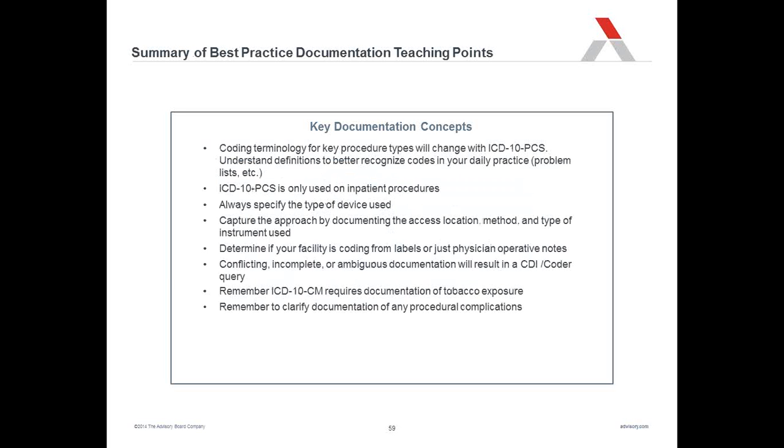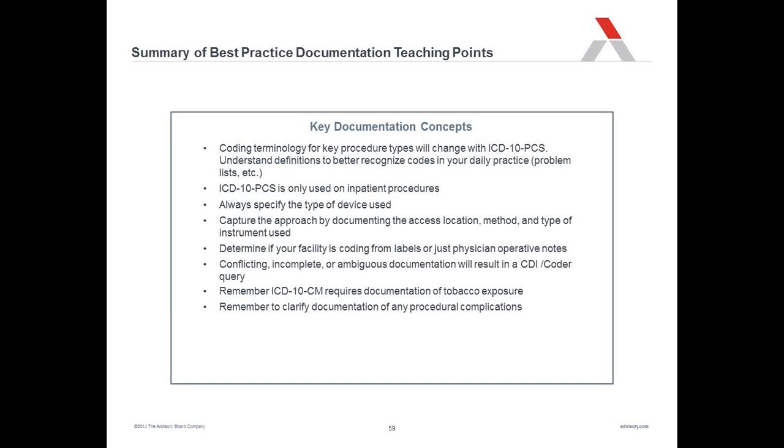Coding terminology for key procedure types will change with ICD-10 PCS, and understanding the definitions to better recognize codes in your daily practice is very important. At the end of this presentation, there is an appendix that will include the definitions of those various coding terminology changes within ICD-10.